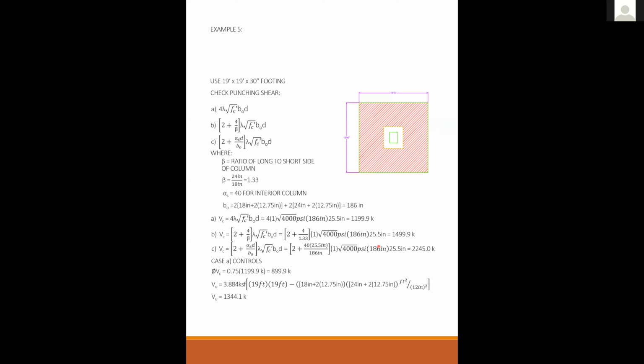I was hoping solving it for one-way shear would give me a thick enough footing. But in this case, punching shear controls, so I have to go thicker. I was trying to make a 30-inch footing work, and it didn't. So let's try a 36-inch footing. And we start all over.